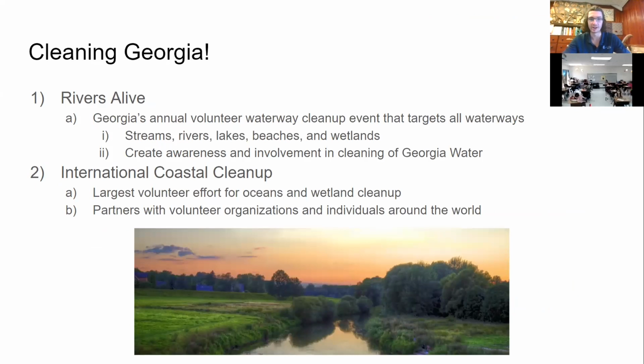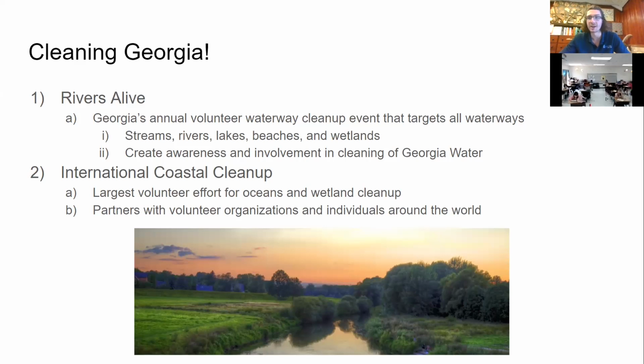And then there's other programs as well that are a bit more organized, even here within Georgia. That's the same thing. There are volunteer events that they organize to help clean up waterways, and then actually even come back and bring it back and recycle it and sort it out. And there's even some that happen at the global scale.